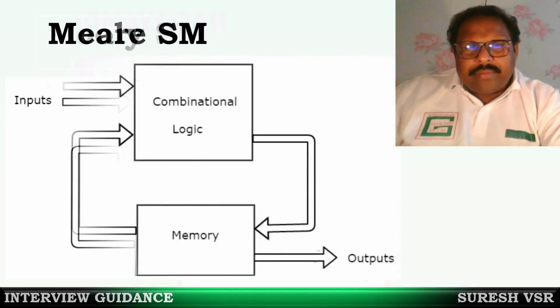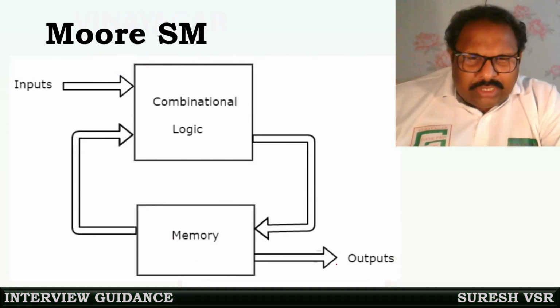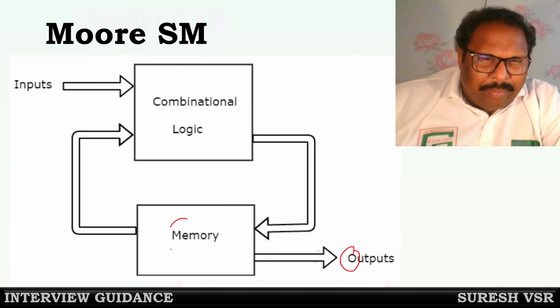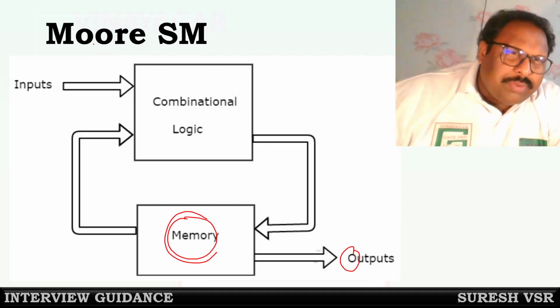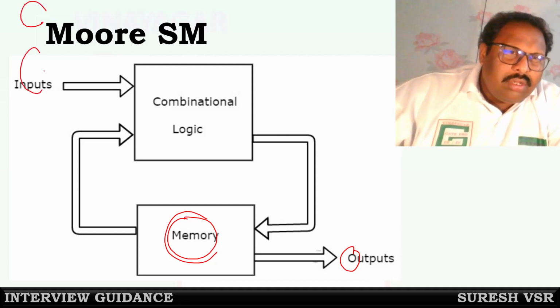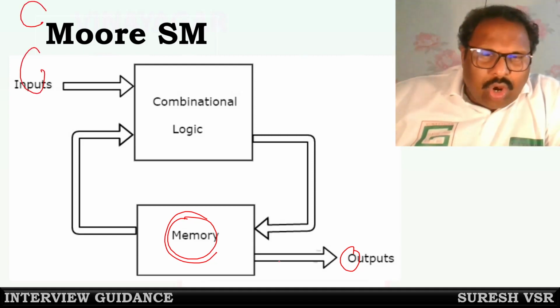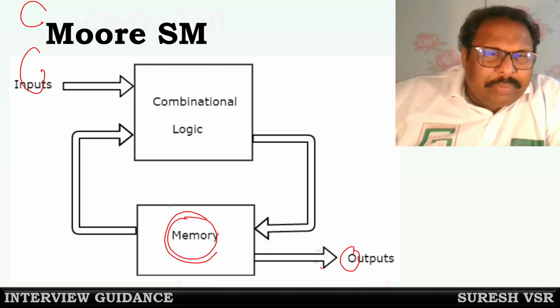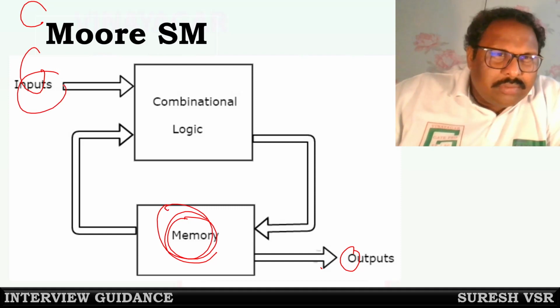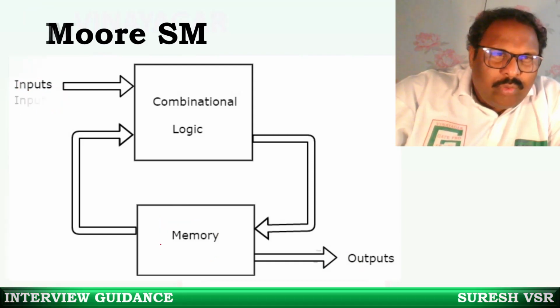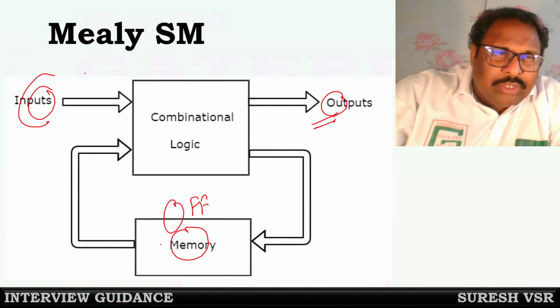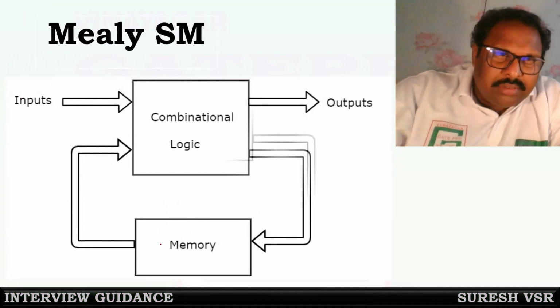Then what is Moore? In Moore, the output depends purely on the flip-flop memory states. These memory states may of course depend on the inputs, no doubt, but the output depends purely on the present memory states, not directly on the inputs. Whereas in Mealy, the output depends on input plus memory states.